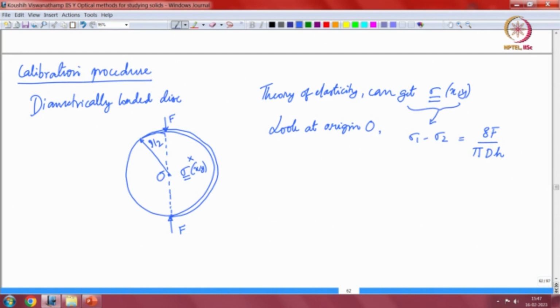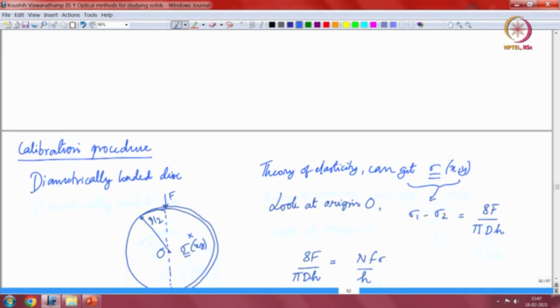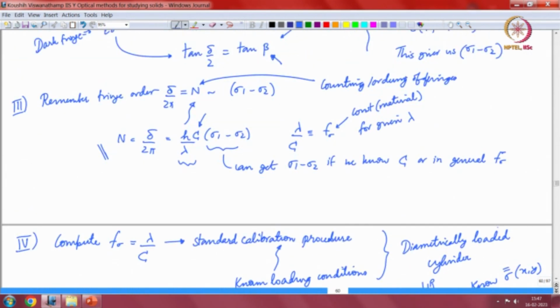So, from this elasticity solution we know that the principal stress difference is 8F by pi d h, and this is nothing but n times F sigma by h, what we called F sigma from before. If you go back here, this was F sigma inverse. So, n F sigma by h is sigma 1 minus sigma 2.